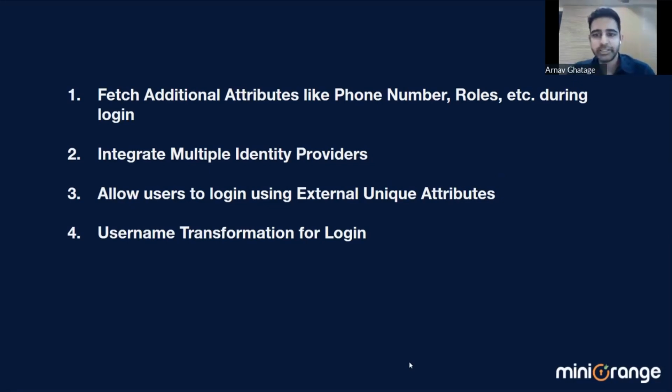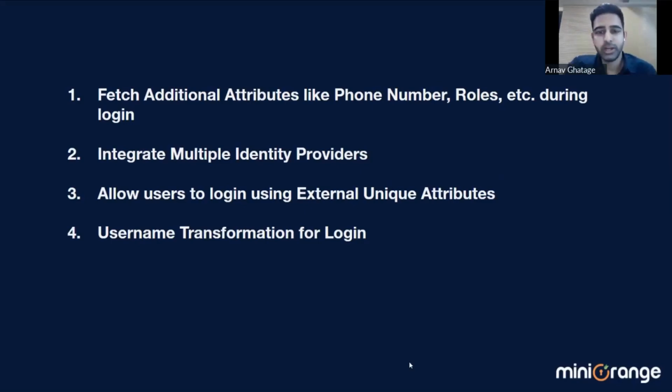So first, fetching additional attributes like phone number, roles, and user permissions from IDP and allowing them to get logged into Atlassian Cloud is one very popular use case which we see in quite a few enterprises and organizations. Similarly, integrating multiple identity providers with Atlassian Access for user login.